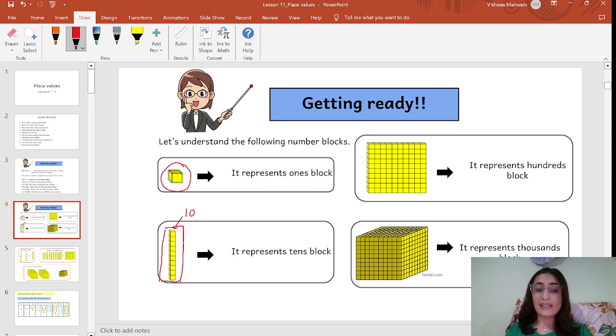When we combine 10 such lines, we get a square board. This represents the hundreds digit. And when we combine 10 such square boards, we get a cube, which represents the thousands digit.